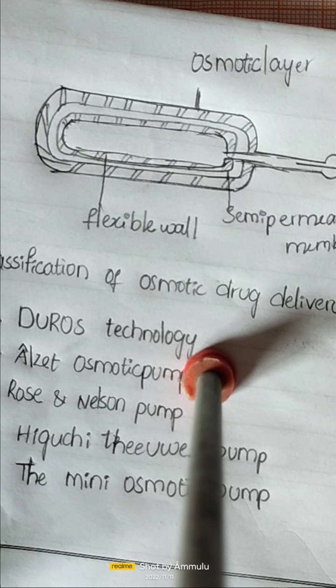Many forms of the osmotic pumps are reported in the literature, but in general they can be divided into oral and implantable systems. The implantable osmotic drug delivery system contains Duros technology, Alzet osmotic pump, Rose and Nelson pump, Higuchi Theeuwes pump, and the mini osmotic pump.